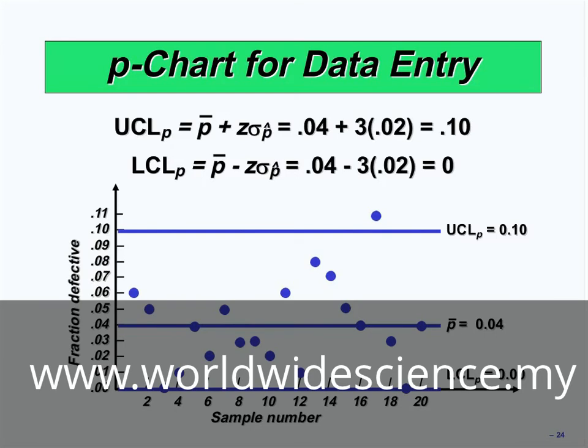This is outside. This is more than UCL, number 17. So the process is not under control. I told you, even one point falling outside the area, you should say the process is not under control, because be sure you will face problems in future. So it's better you stop the process and look for the reason.